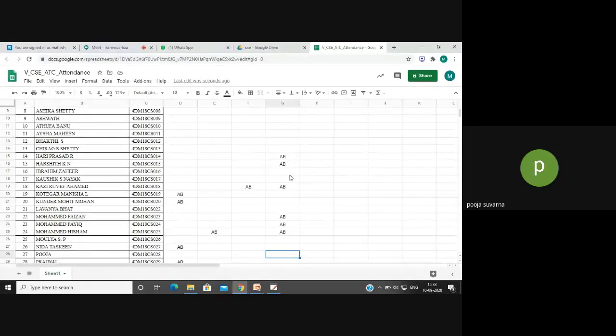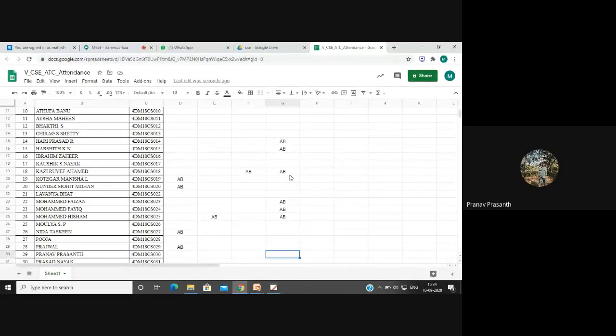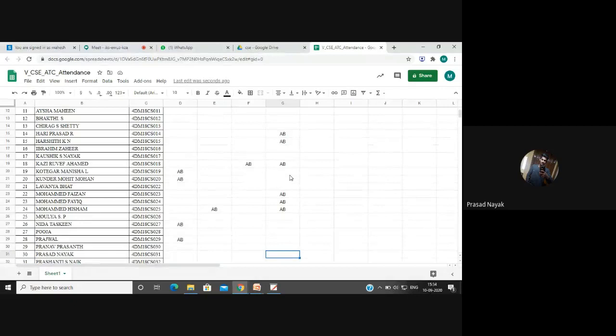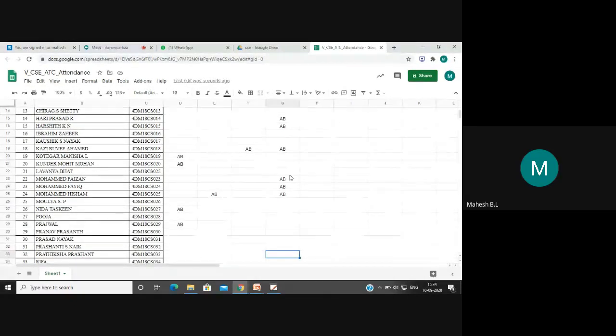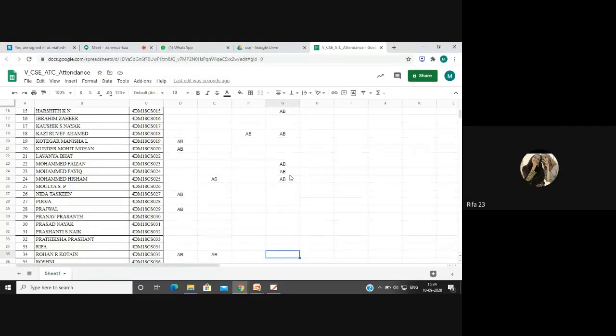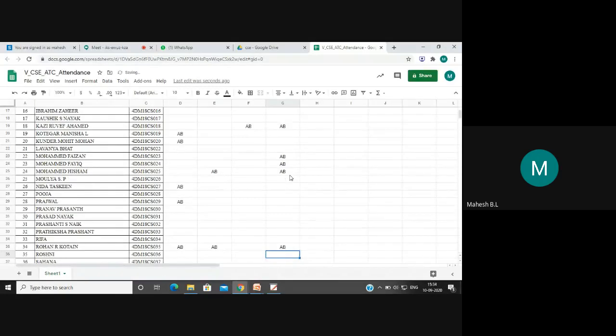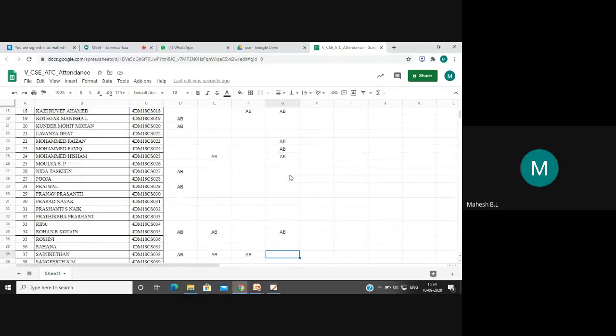Pooja, present, sir. Prajwal, present, sir. Pranav, present, sir. Prasad, present, sir. Prashanti, present, sir. Pratiksha, present, sir. Roshni, present, sir. Sai Niketan.